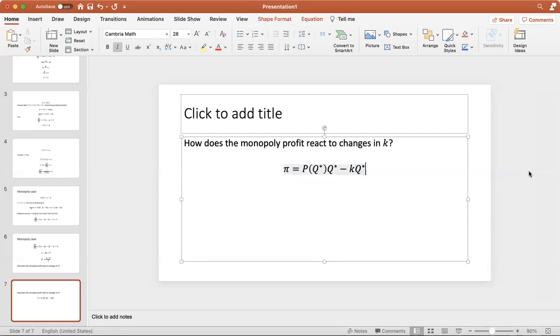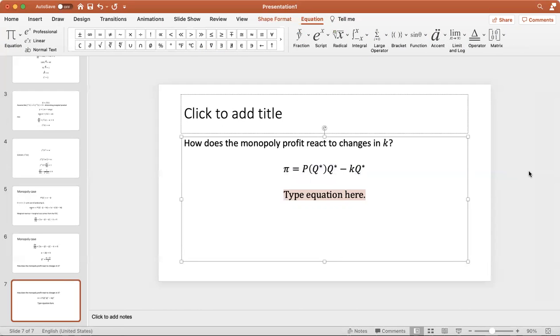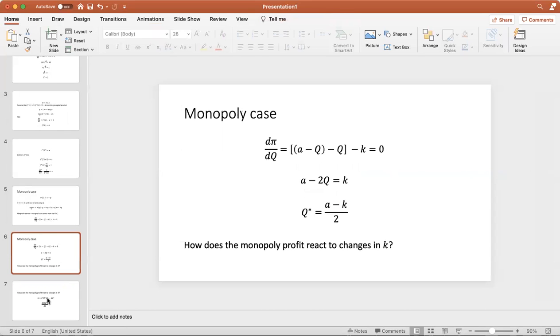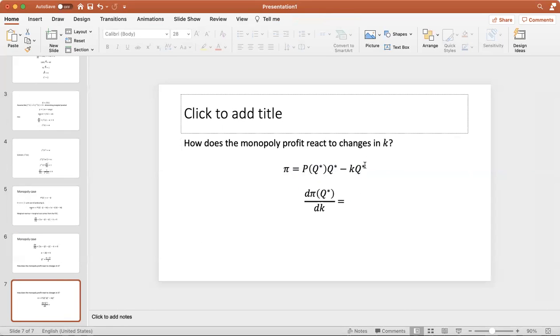So we can just derive the formula from here and plug in the expressions later on. That's going to be d pi of Q star with respect to dk. We need to get the derivative of this expression, or you can just make it a little simpler. Just distribute Q already.